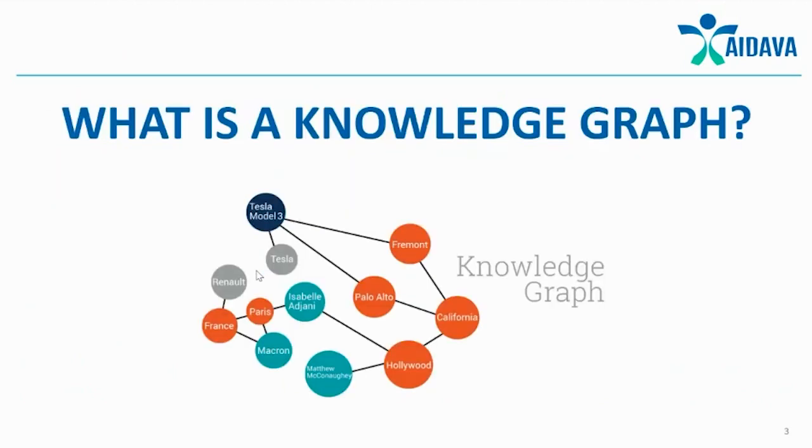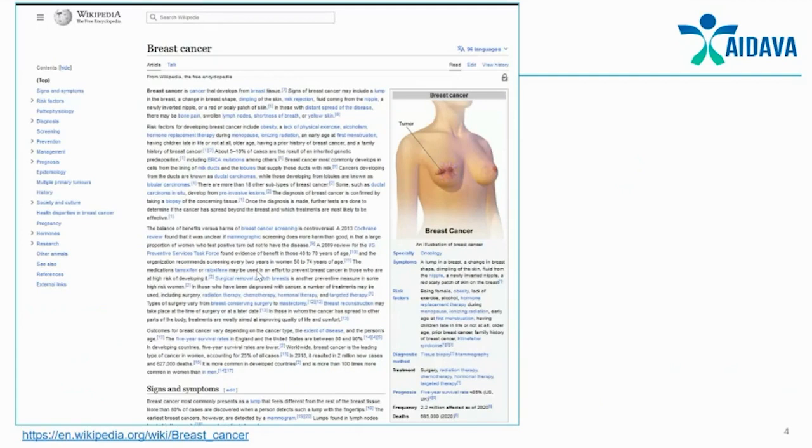What is a knowledge graph? Actually, we're using knowledge graphs on daily basis because when we're using different search engines or using, for instance, Wikipedia or other resources, behind them actually are used different types of knowledge graphs. For instance, when we see the Wikipedia page, here we see a raw, unstructured text describing the concept.